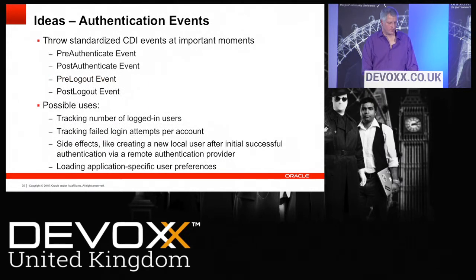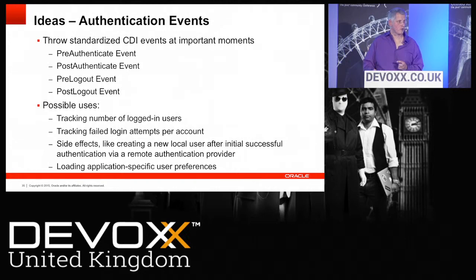Finally, in authentication, we have events that we want to standardize. These would be standard CDI events that you could observe, sent by the container at certain key points in the authentication process: a pre-authenticate event, a post-authenticate event, pre-login event, pre-logout event, post-logout event. You could use these events to track the number of logged-in users, for example.